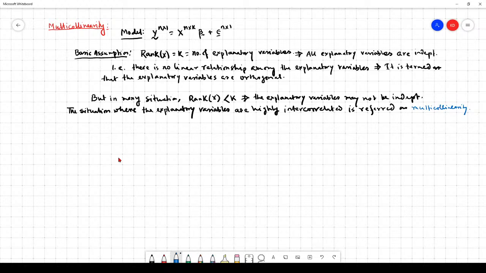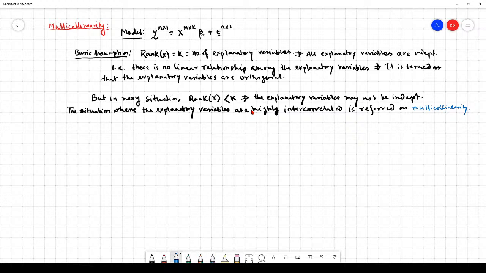So that means when rank of X is less than K, this implies the explanatory variables are not independent. They are not orthogonal. That means there is a correlation. So this situation is called multicollinearity. Okay.